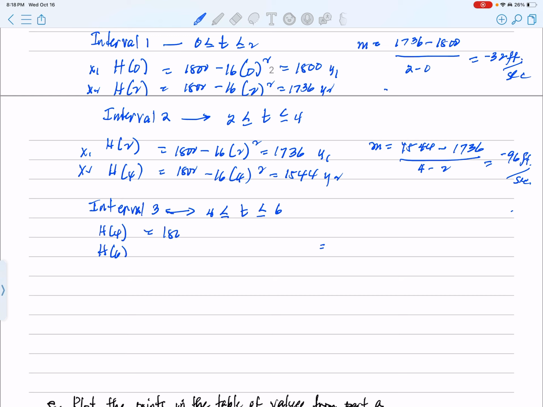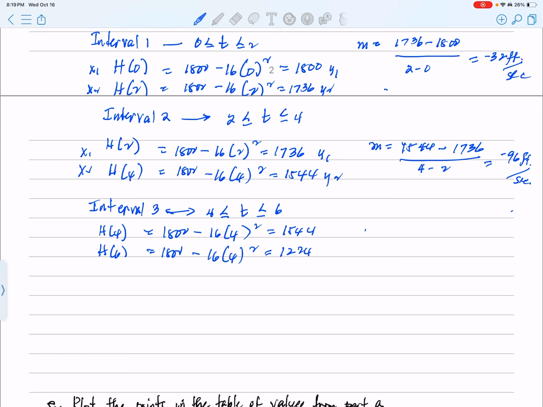We already have h of 4. That is 1544. And our h of 6 is 1224.